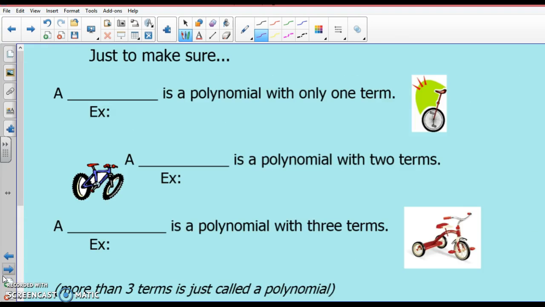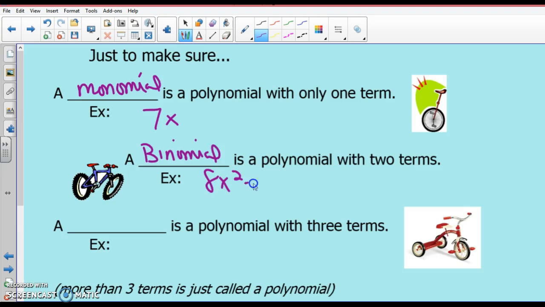Okay? Just to make sure, a monomial has one term. For example, 7x. That is a monomial. A binomial has two terms. 8x squared minus 10. That is a binomial. It's also a polynomial, but more specifically, a binomial.